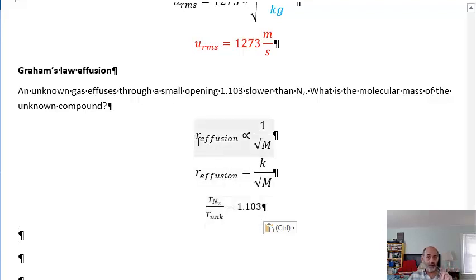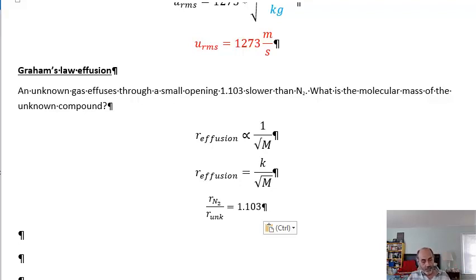Right off the bat, because these are inversely proportional to each other, that should tell us that the molecular weight of the unknown gas is greater than it is for nitrogen.